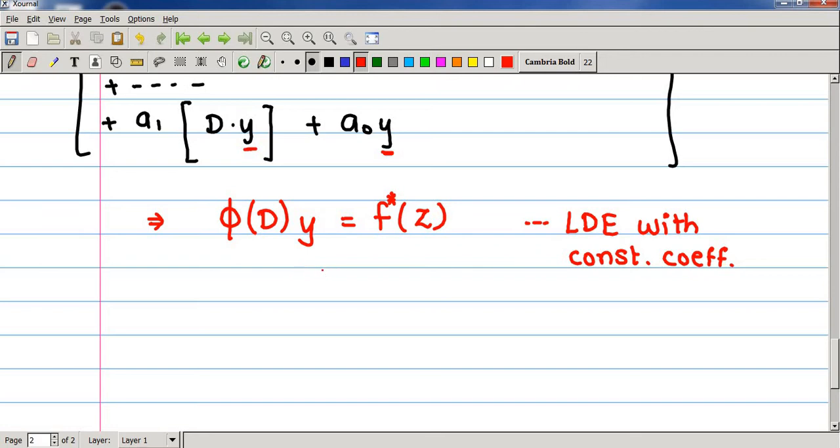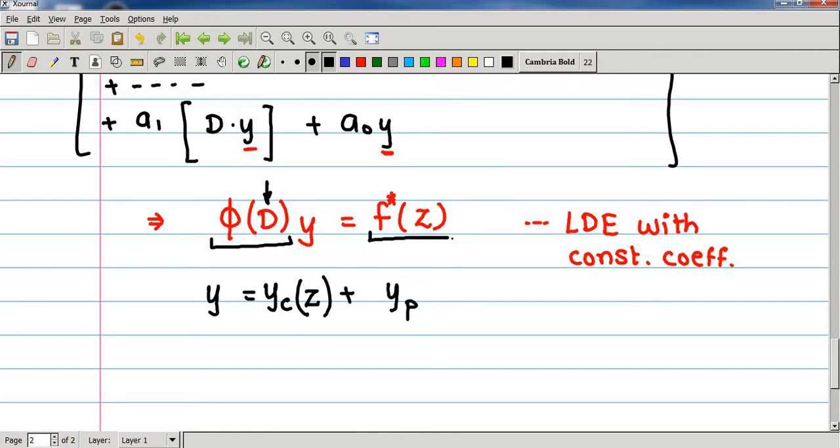Now, the required general solution will be the complementary function plus the particular integral, where the complementary function is obtained from the auxiliary equation. Since this D is a derivative with respect to z, the complementary function will be obtained in terms of z. Again, the particular integral will be obtained from this f star of z, so the value of the particular integral will also be in terms of z. But this is not the required solution.